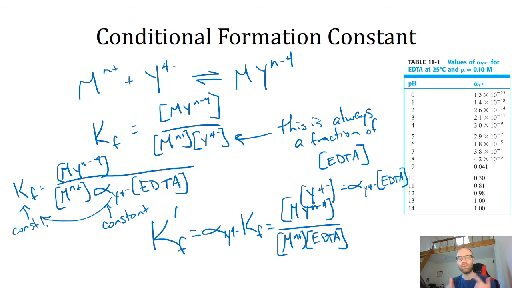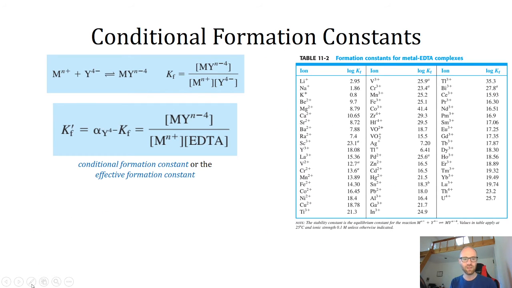But the way we get around that is that this is a derived constant, using what I said before, where there's always a hidden thing that says when I say EDTA, I'm referring to all of them, and when I talk about the bound, I'm only referring to some of them. So if we're at a pH of 10, that 30% is always tied in, and it's always assumed that we're all on the same page with that. We're just figuring out the numbers and it would work anyway. So just to clean things up, there you go.